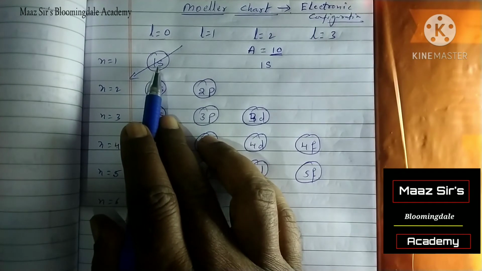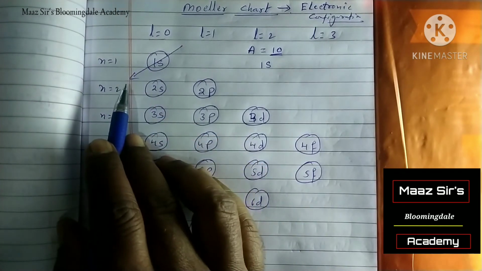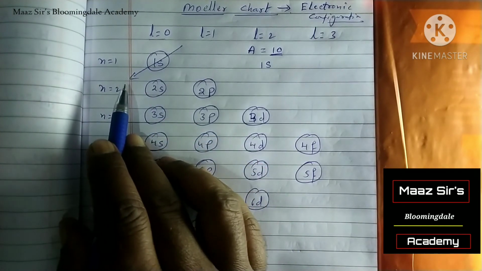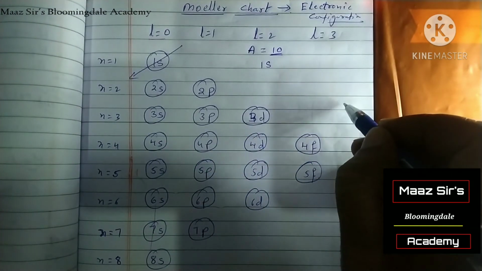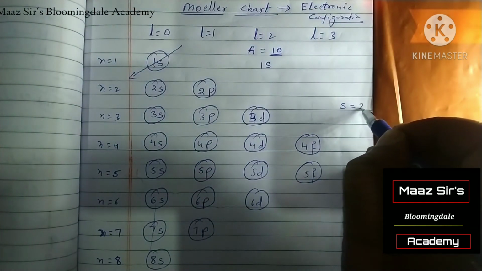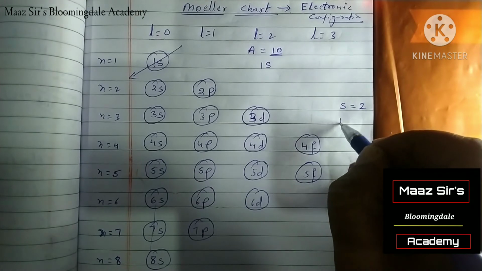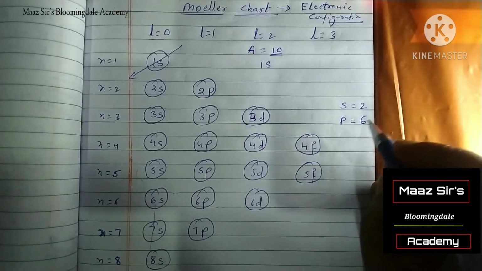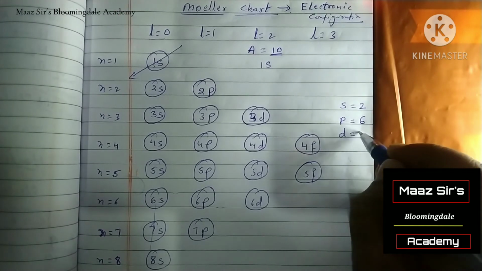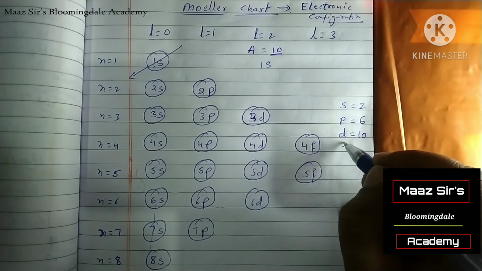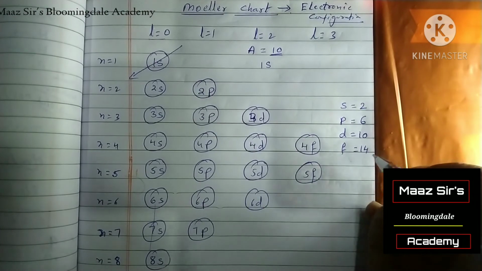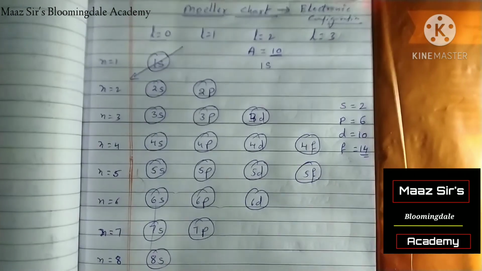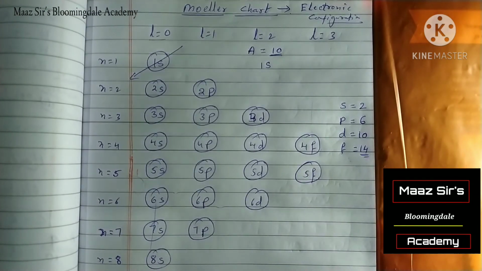And also remember the maximum capacity: s can take 2 electrons, p has 6 electrons, d can take 10 electrons, and f can take 14 electrons. So this is the maximum capacity.